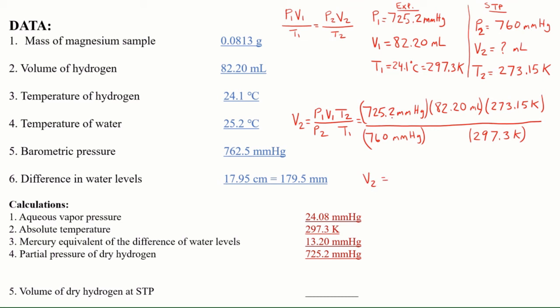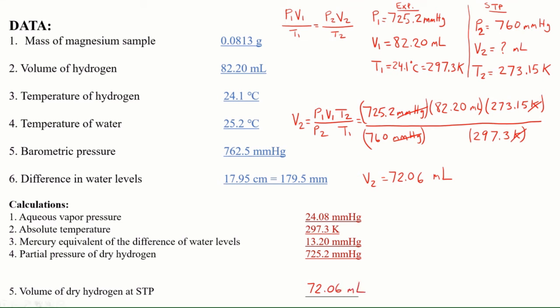Okay. V2, if you notice, millimeters of mercury cancels, Kelvin cancels. We will obtain the volume at STP in milliliters, and if we do the math, we find that it's 72.06 mL. So the volume at STP of dry hydrogen gas will be 72.06 mL.